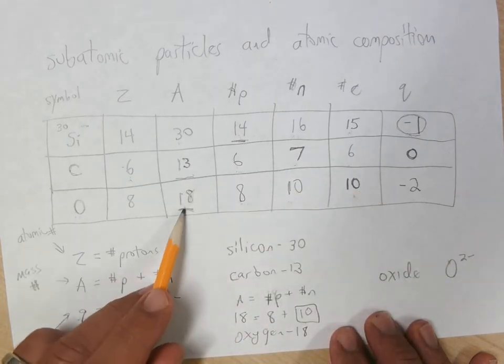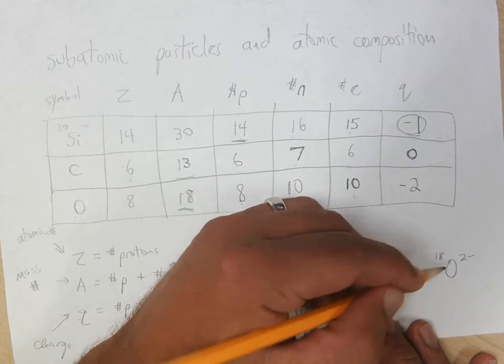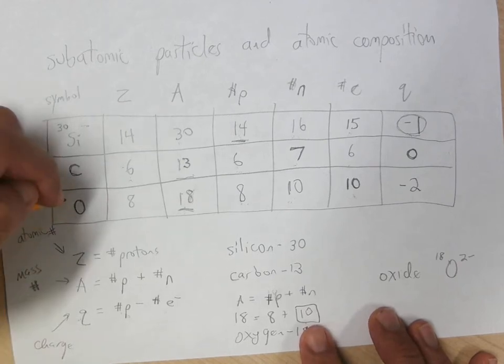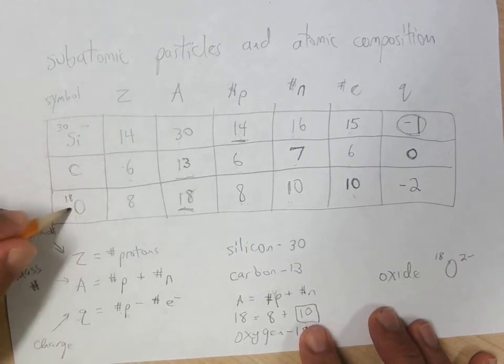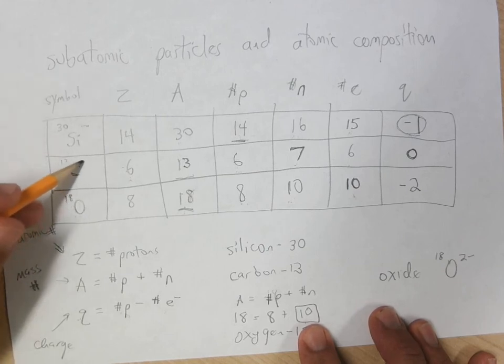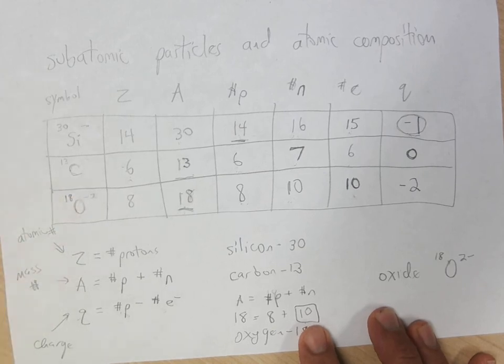And in this case it's a heavier isotope. Oxygen is typically 16 grams per mole, but this one has a few extra neutrons, so it's 18. So here we're going to again add to the symbol the mass number. The charge of 0 is not written. The charge of -2 is written.